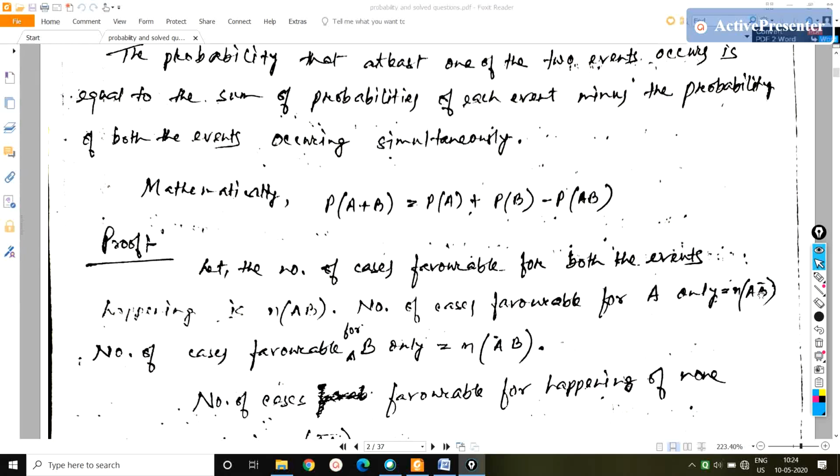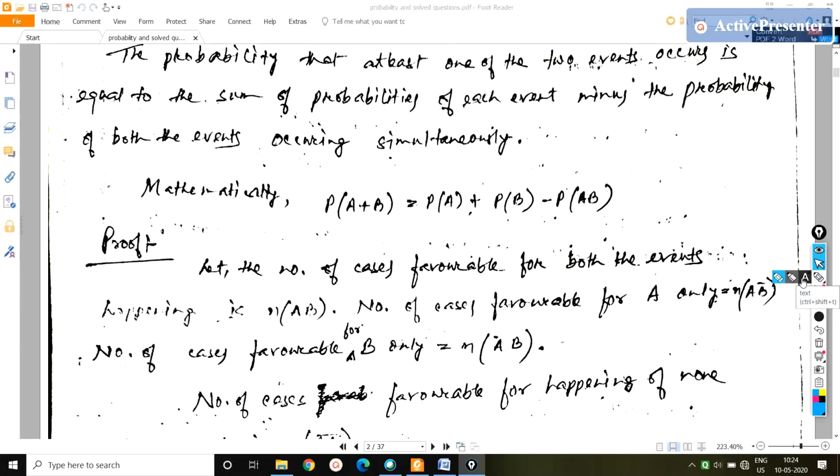Here bar means that B event does not occur. Number of cases favorable for B only is n of A bar B. Why A bar B? Because it represents the cases favorable for B only, not A. So this one is exclusive for B, this one is exclusive for A.